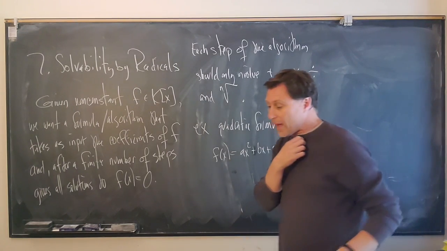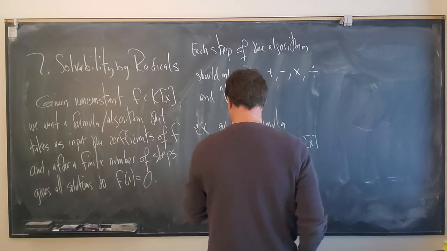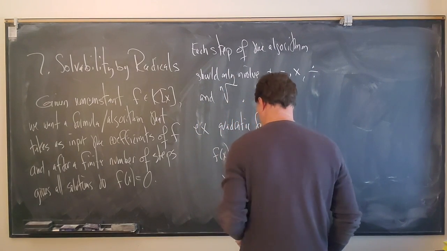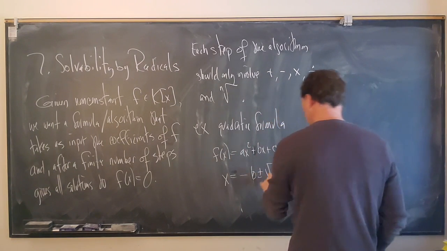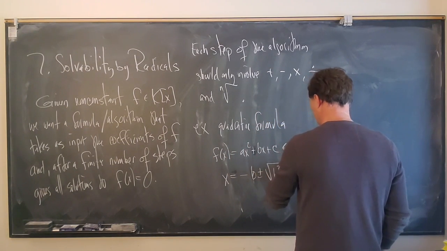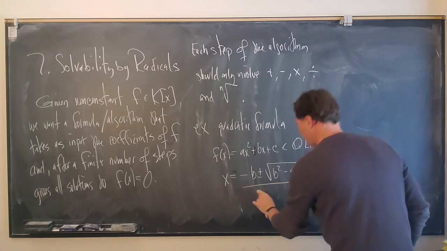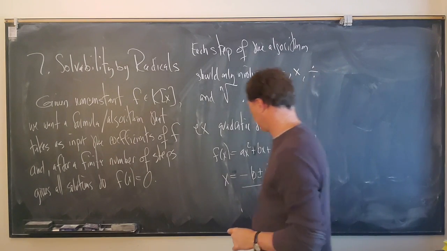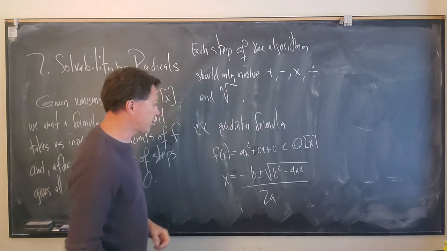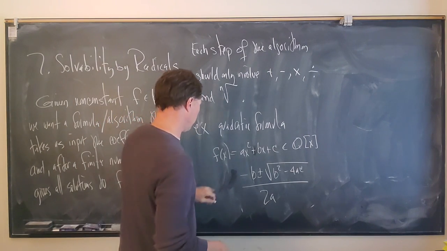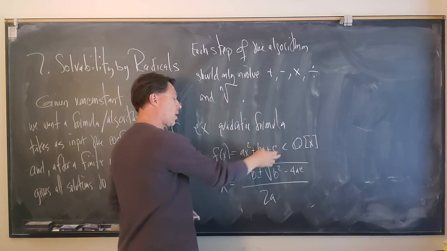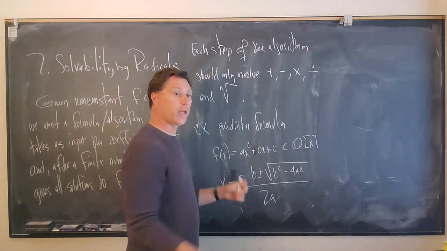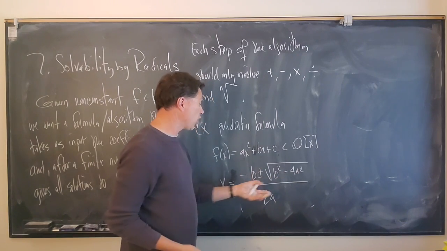Then the solutions are x equals negative b plus or minus the square root of b squared minus 4ac, divided by 2a. This formula says, tell me the coefficients of your polynomial, and I will tell you in one nice quick formula who the roots are.